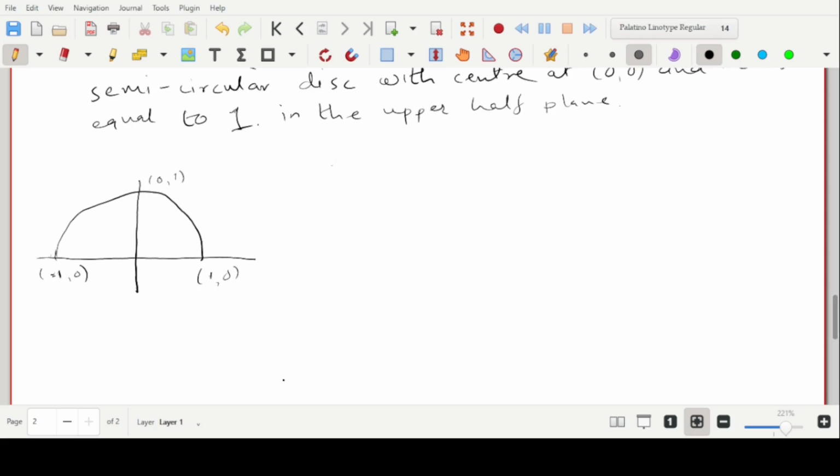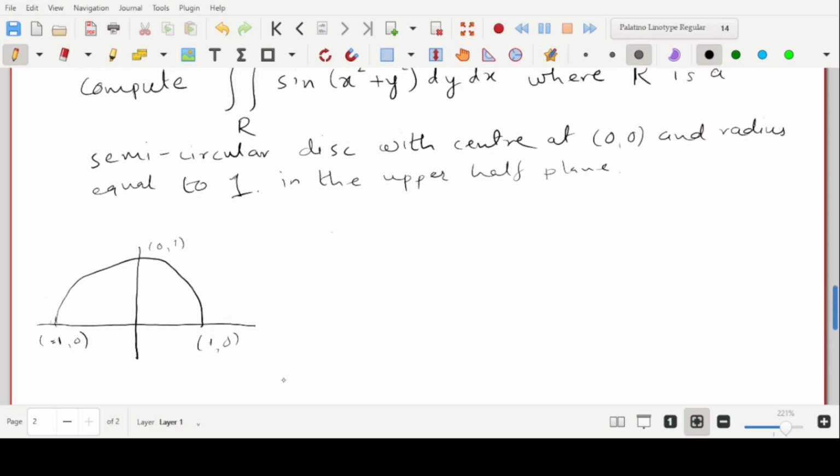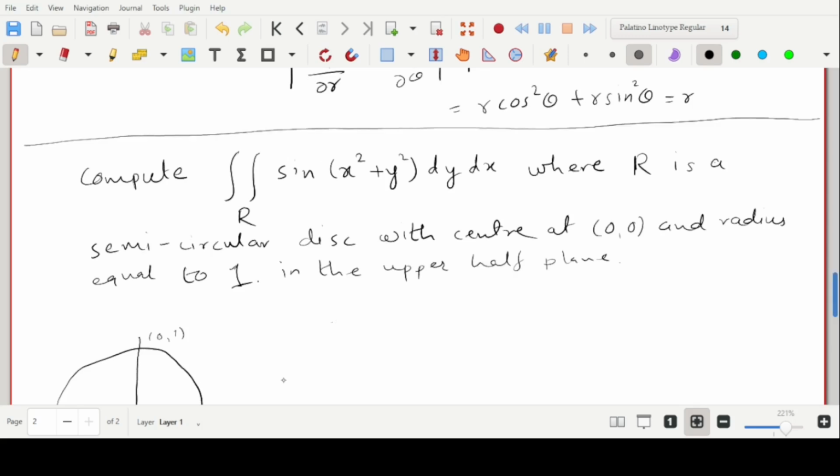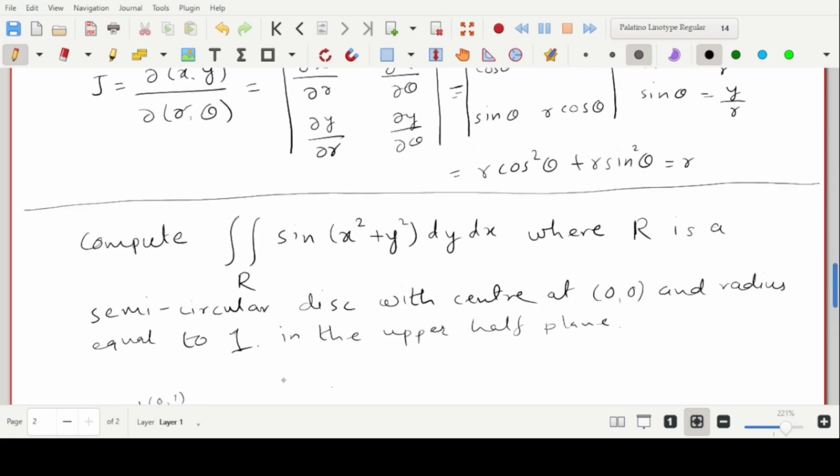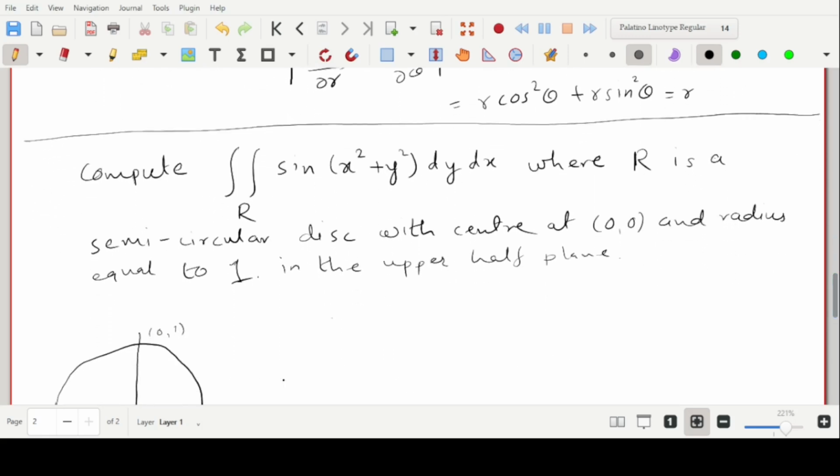Since we are dealing with the semicircular disk, our first instinct is to convert these variables into polar coordinates.